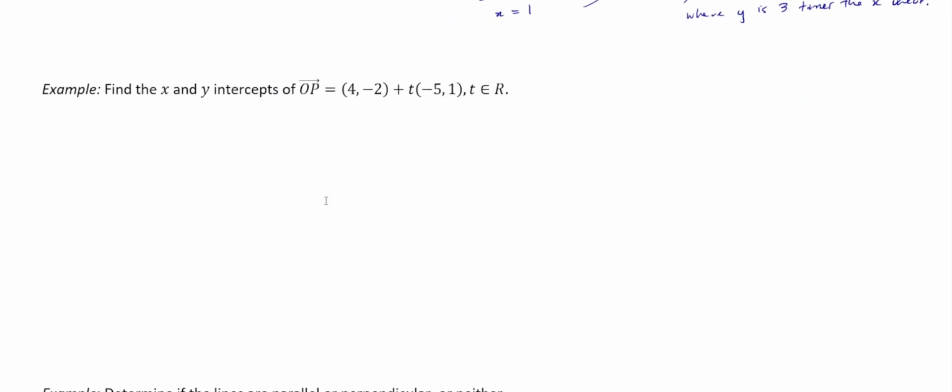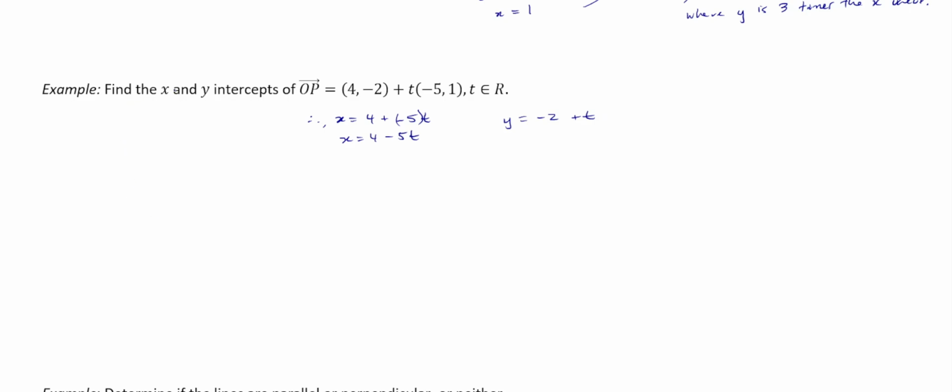Okay, find the x and y intercepts of OP given this right here. Again, I will set up my parametric equations. So x is equal to 4 plus negative 5t, or just x is equal to 4 minus 5t, and then y is equal to negative 2 plus t. So I've got my parametric equations for x and for y.